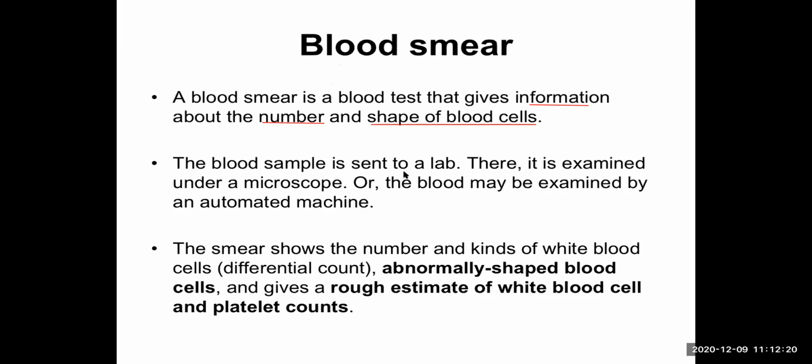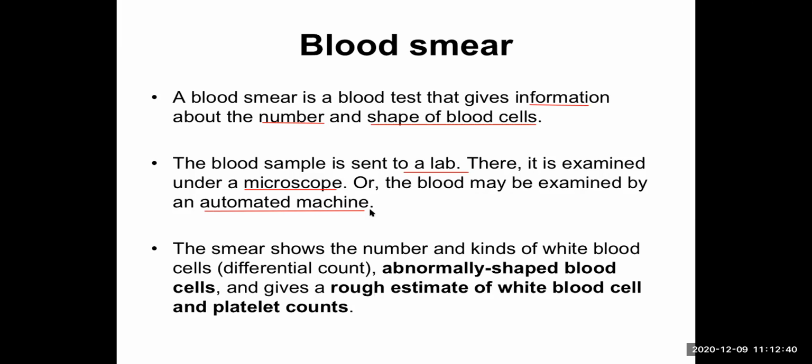The blood sample is sent to the lab, and there it is examined under a microscope, or the blood may be examined by an automated machine, which is very commonly used these days. You must have seen it in China, or any other lab in our countries also.